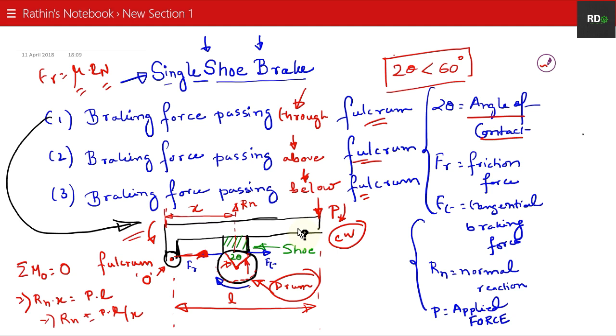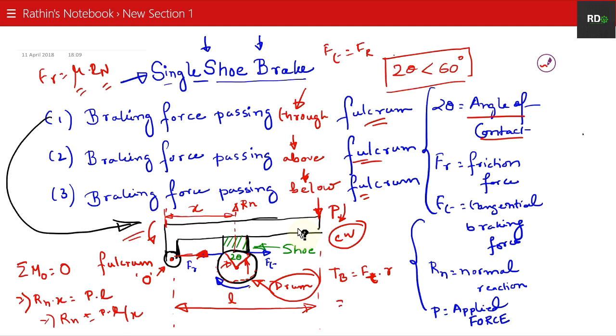Our braking torque will be TB equal to FR, or you can say FT, because FT is equal to FR, just with opposite directions, into the radius R, where R is the radius of the brake drum.